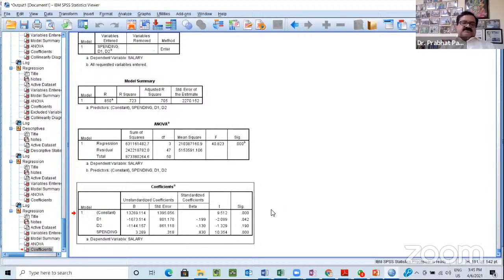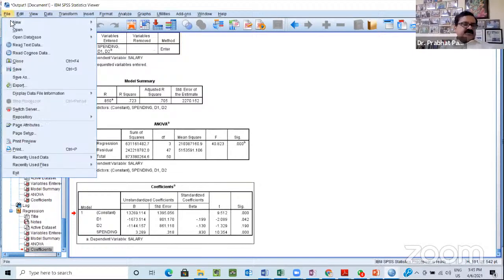So the result actually got changed when we used the covariate. So the point over here is that in a dummy regression equation, you can always use a covariate. You can also use some variable and dummy both. So that makes it very interesting.